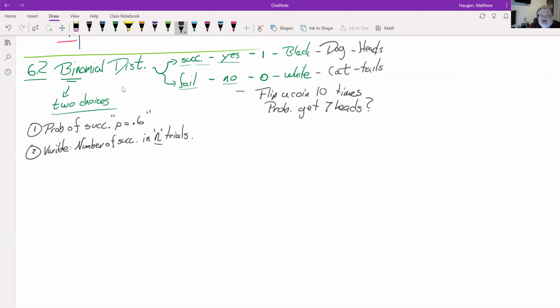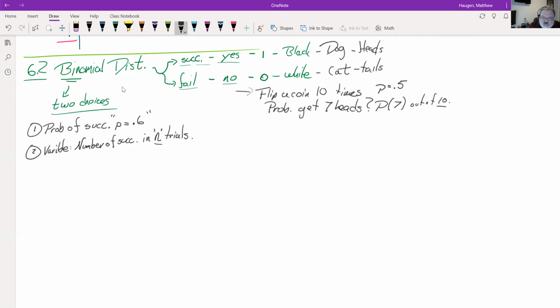Flipping a coin has only 2 possible outcomes, heads and tails. We know the probability of success, the probability of getting what we're going to call success, heads. Probability of success is 0.5 or 50%. And we're asking, what is the probability of getting 7 of those heads out of 10?